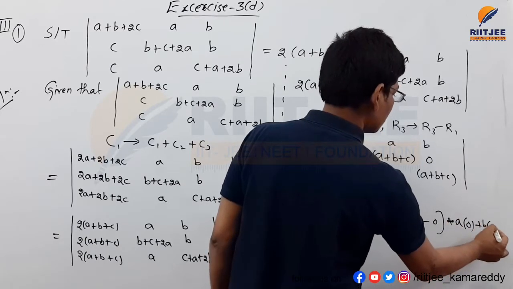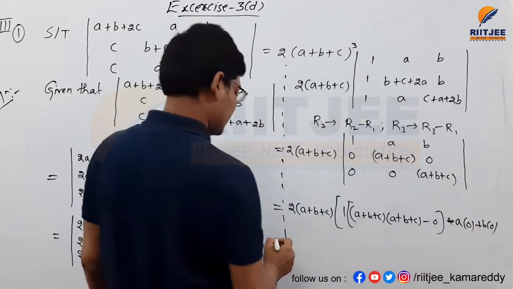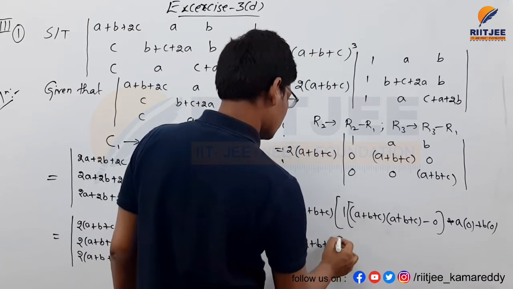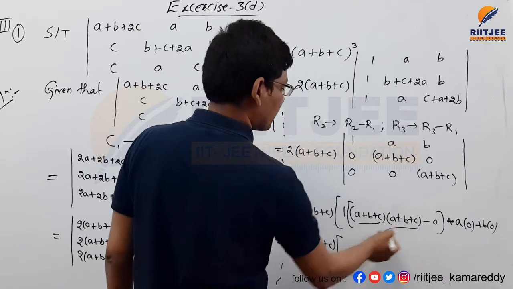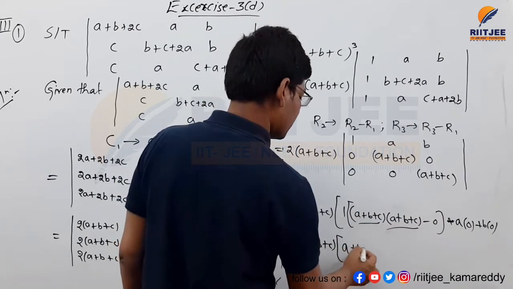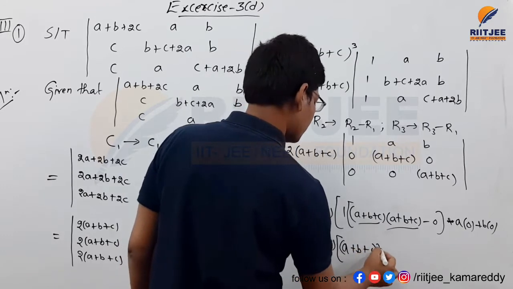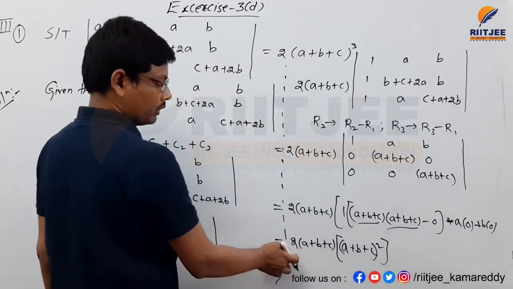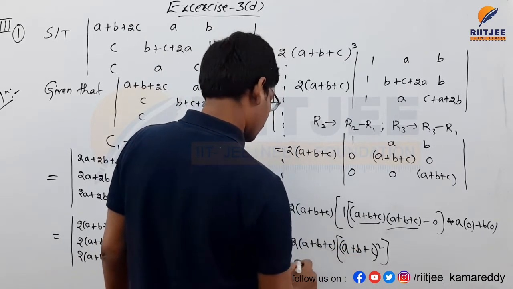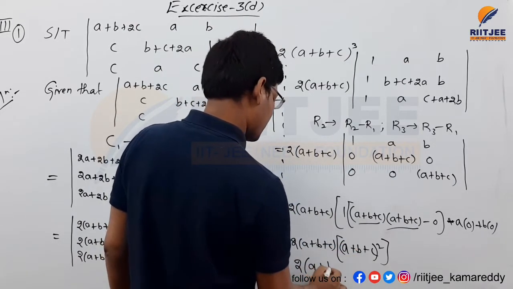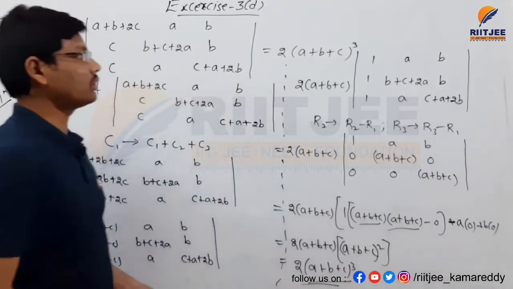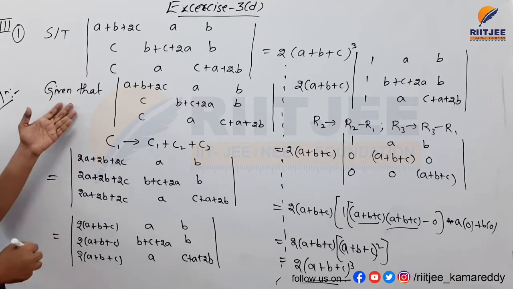Ultimately, all the remaining terms become 0, and we get (a plus b plus c) whole square. So 2 into (a plus b plus c) into (a plus b plus c) whole square is equal to 2 into (a plus b plus c) whole to the power of 3. This is the solution for the given determinant.